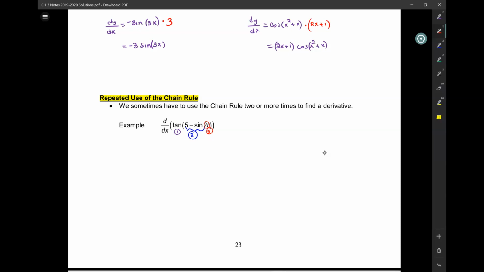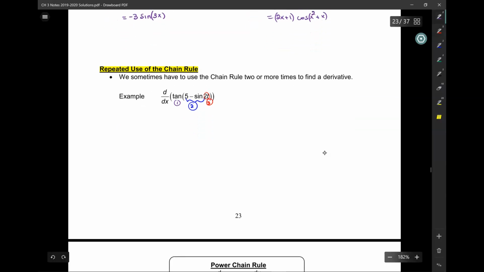So let's do it. So d/dx of this whole thing. Now, this function was not given a name like y or f or whatever. So it's d/dx of the whole thing equal to, okay, so first I take a derivative of the outermost function, tangent, and the derivative of tangent is secant squared.